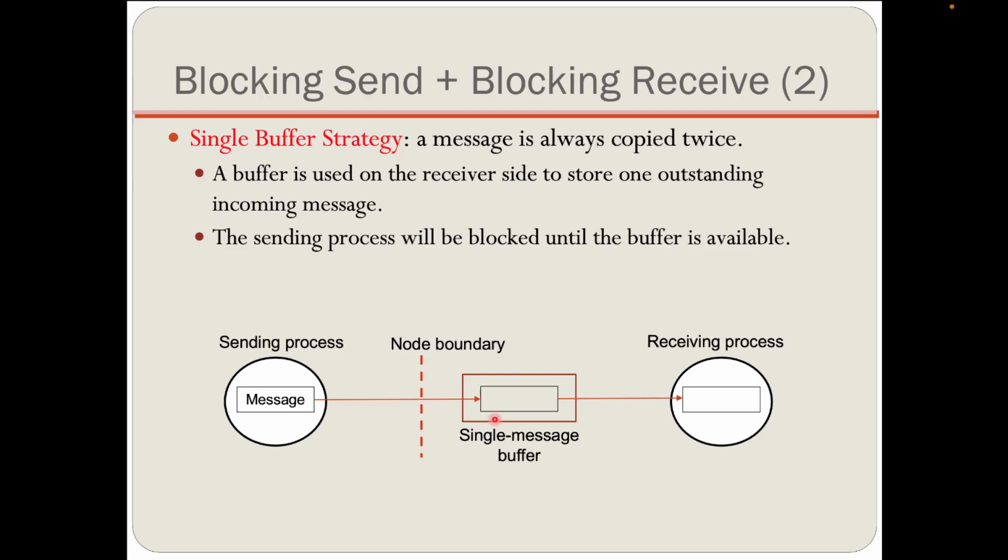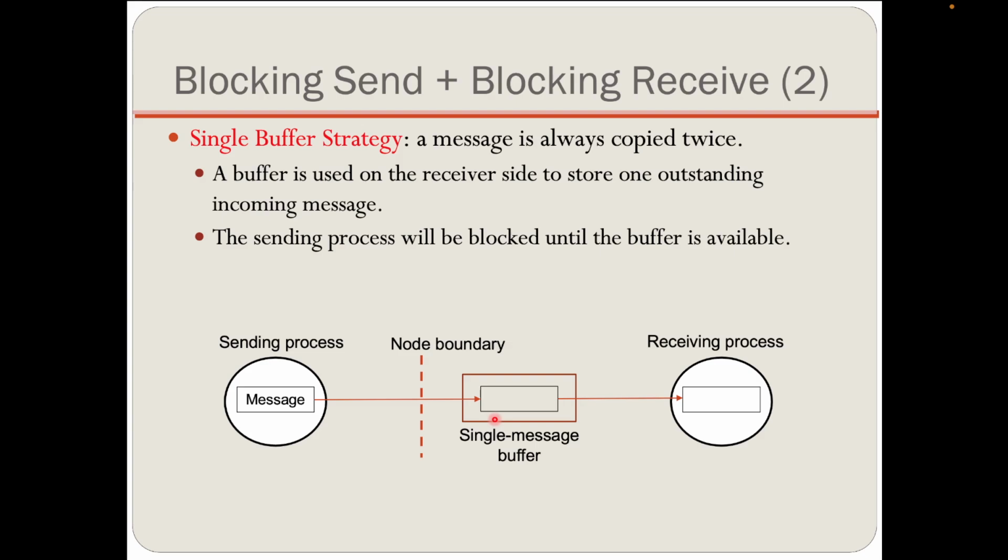Of course, we can have multiple buffers on the receiver side. That means you allow multiple messages to come in to the same process, so the blocking time for the sender may be reduced in some sense. It depends, but one buffer is sometimes enough.